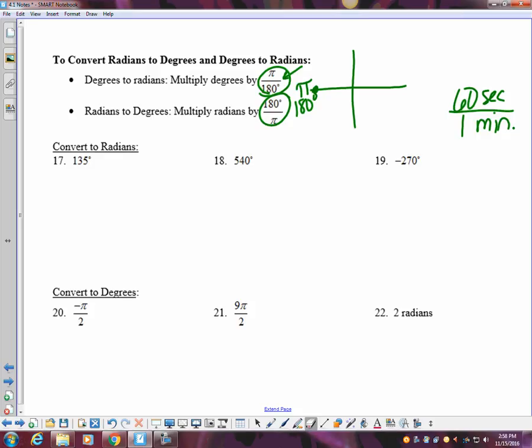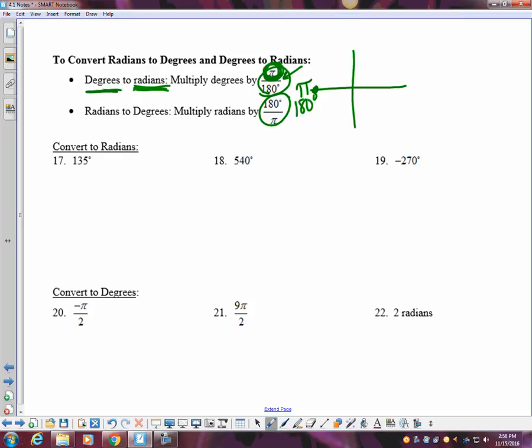When you do this, here's how you're going to remember which one goes, because one of them has pi over 180 and the other has 180 over pi. What you want should go on the top. If I'm converting to radians, I want pi on top, radians on top.